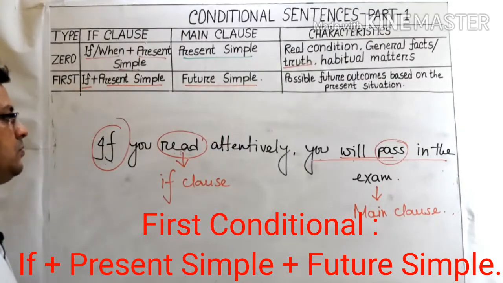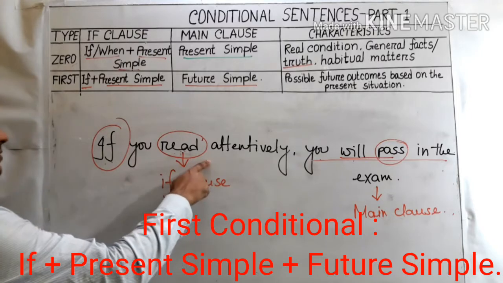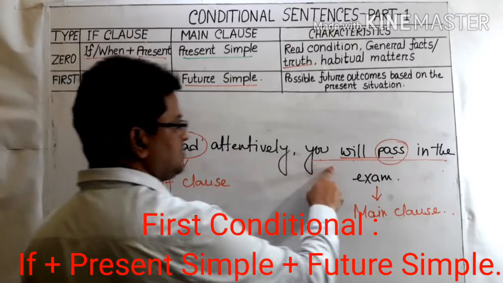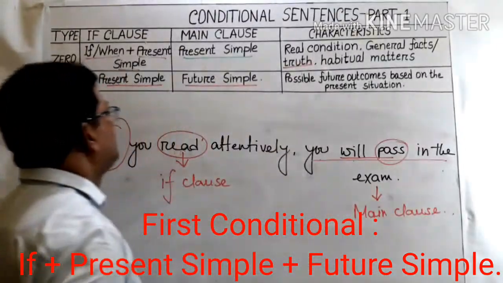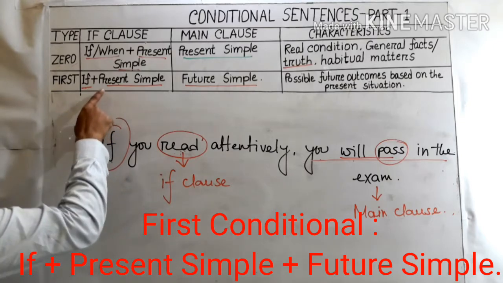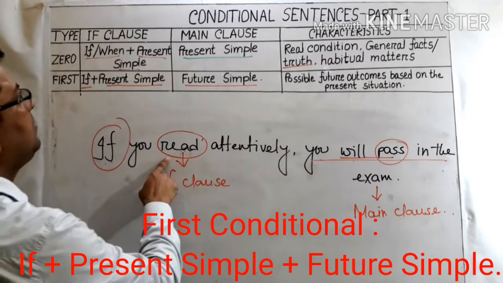So we saw that the if clause contains present simple and the main clause contains future simple. The table shows that the if clause contains if plus present simple.